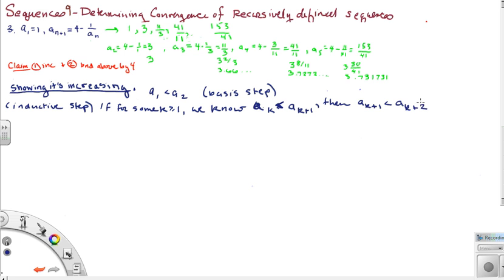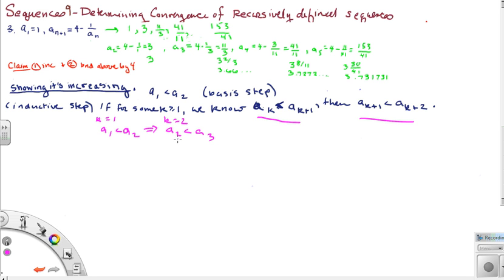So let's just see why this would show that this is an increasing sequence. So this is k equals 1, right? k equals 1, we know a1 is less than a2. Well, if it's the case that this being true implies this is true, this would imply a2 is less than a3, right? But now just think, this is k equals 2.